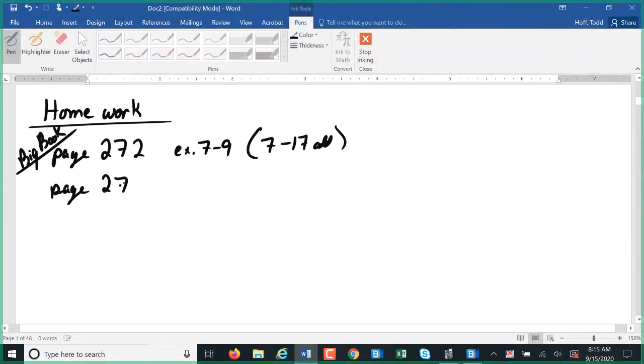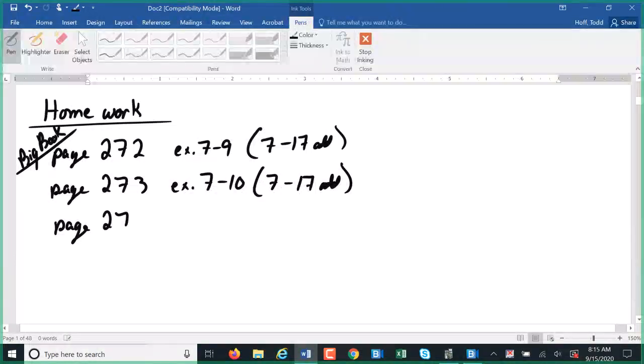Page 273, exercise 7-10, also 7 through 17, the odd. And finally, page 276, exercise 7-11, 7 through 15, the odd.